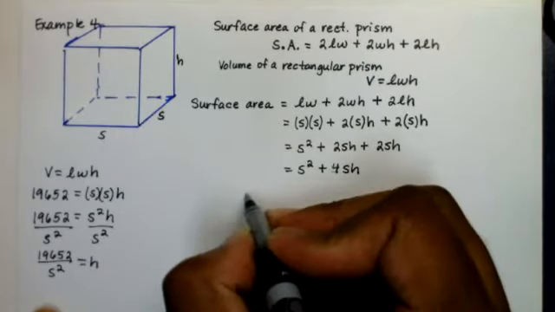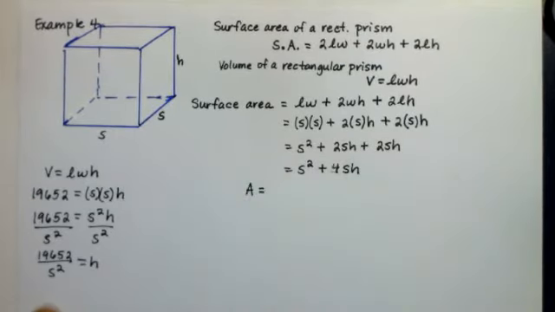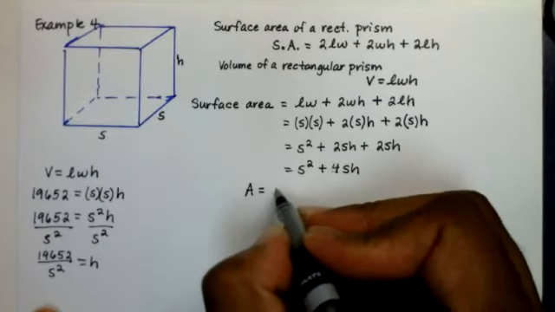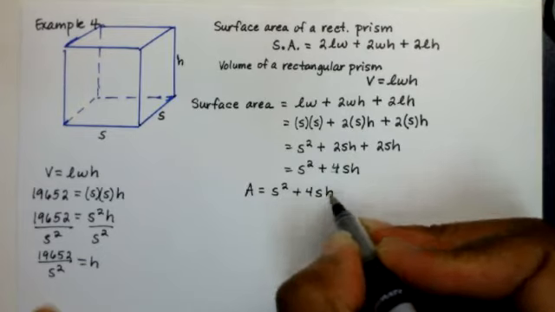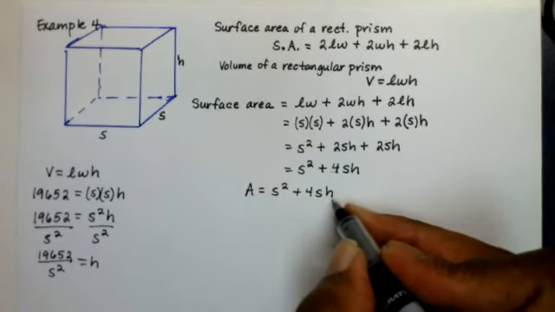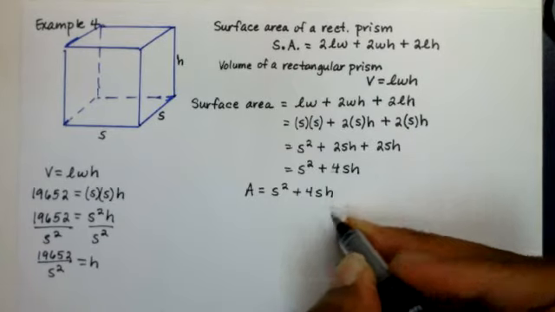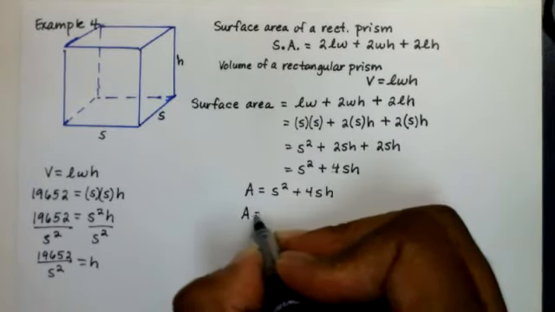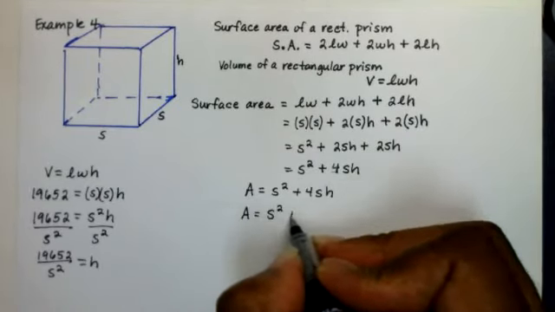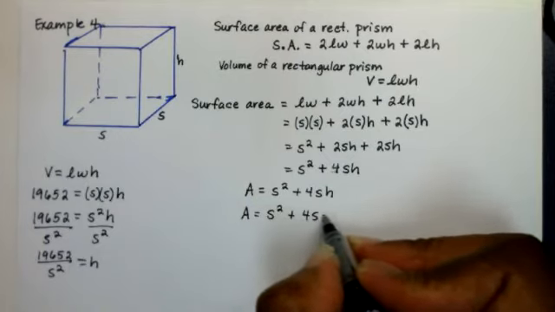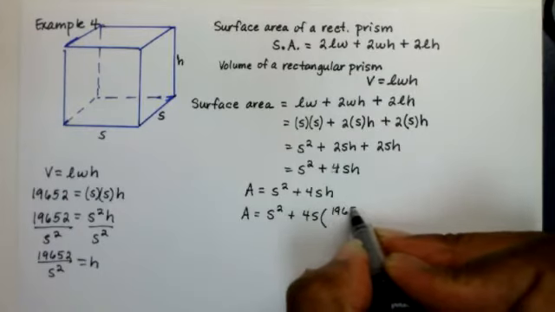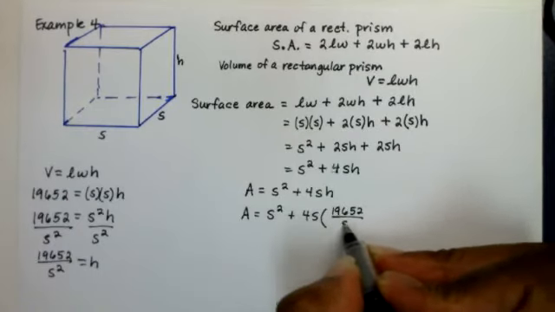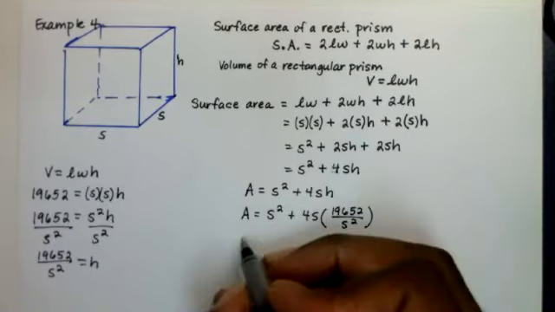And our area is this formula right here, S squared plus 4SH. So this H will be substituted with 19,652 over S squared. That means A is equal to S squared plus 4 times S times 19,652 over S squared.